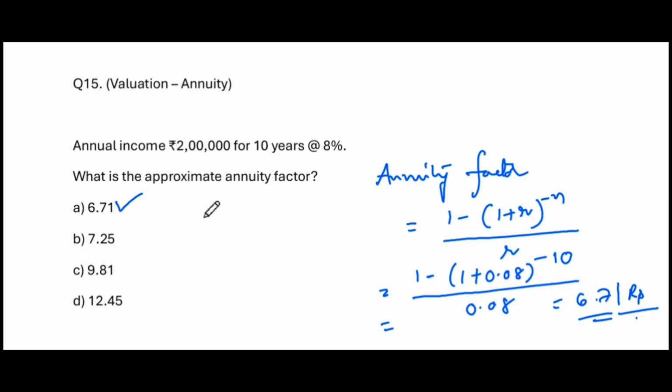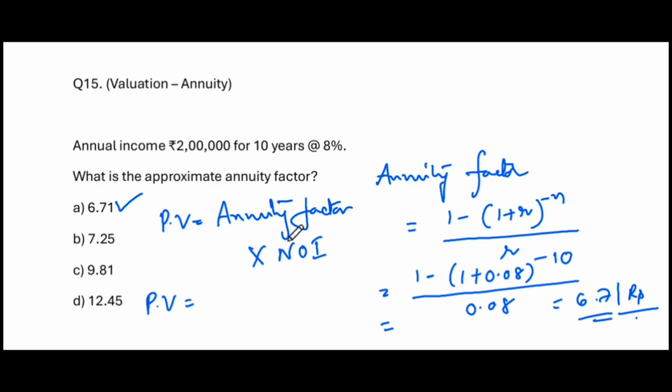What is this annuity factor? What does this mean? We can calculate the present value of the property, PV, like this. Remember this formula. Okay, if he asks for the present value of the property, annuity factor is nothing but years purchase.